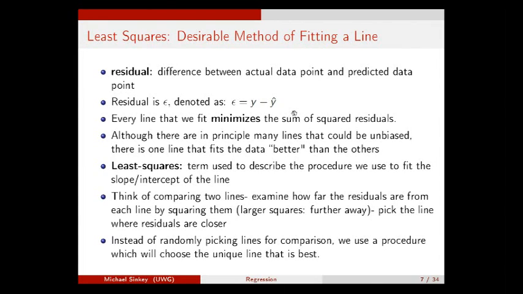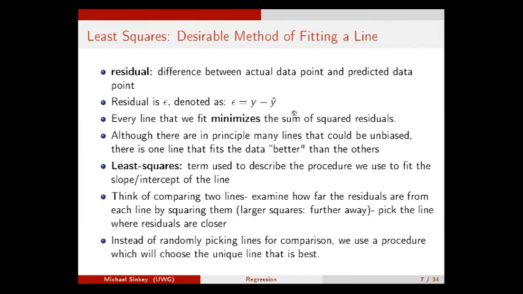So let's say I were to take every data point that I have and calculate how far it is away from the line. And I square that number for each data point. So I'm going to get some big number. Now I'm going to have you try this on your problem set. You're going to try to square the residuals, and we'll work on an example of how to do this.